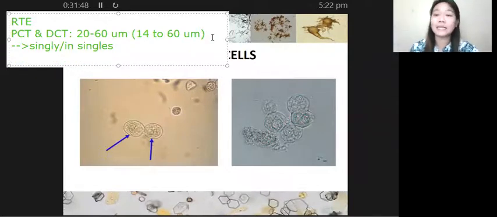Apart from your PCT and your distal convoluted tubule, your RTE cell may also originate from your collecting ducts.